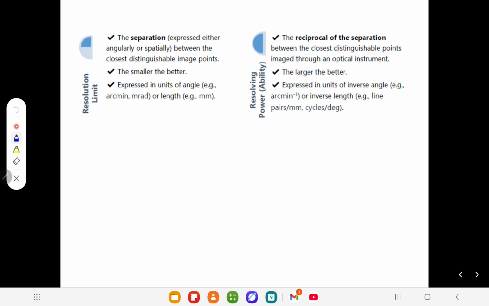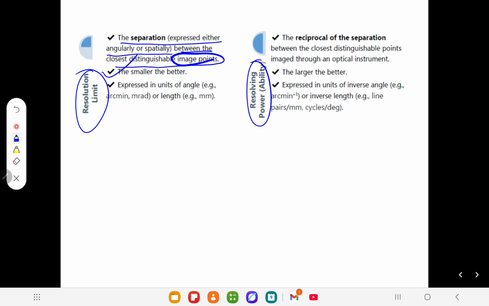Okay, see, in this case, resolution limit and resolving power. Limit means the separation expressed either angularly or spatially between the closest distinguished image points, isn't it? The smaller the better. Resolution limit is smaller the better and is expressed in a unit of angle, for example arc minute or minute radian, or length in mm.